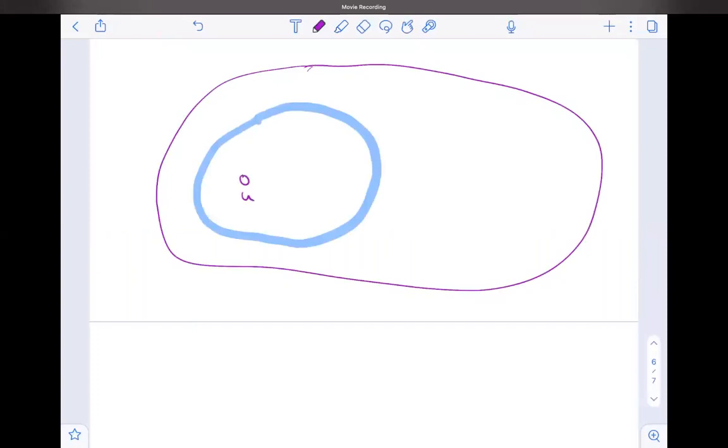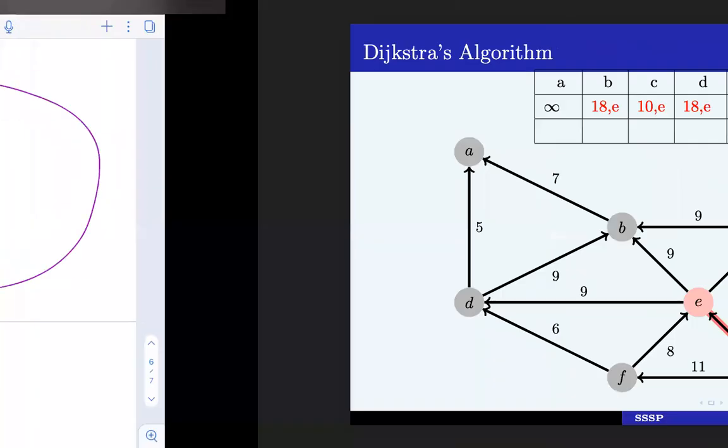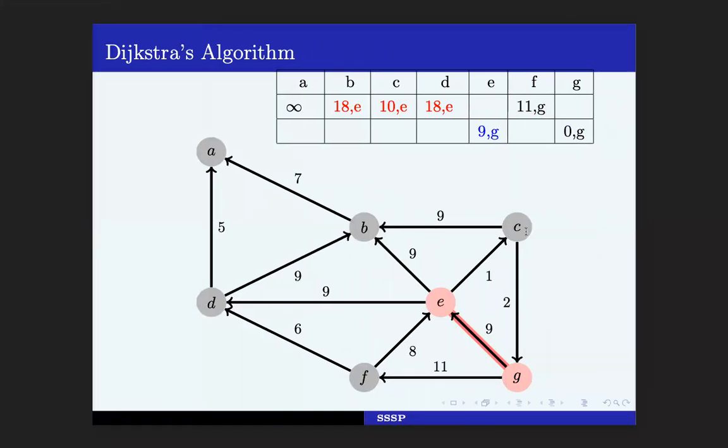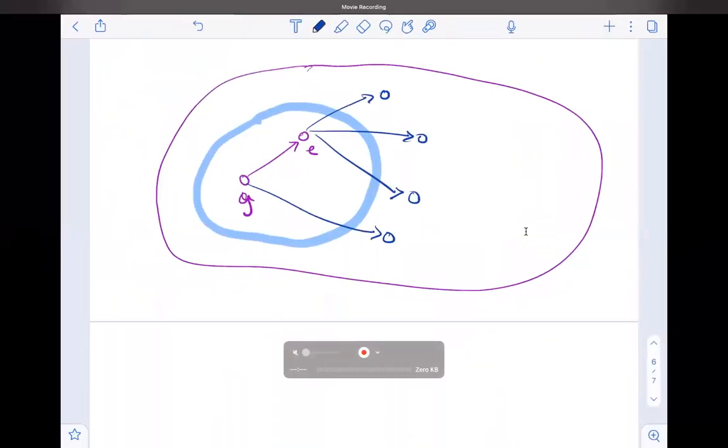See, this is U, right? G, whatever we are doing. Let me just try to draw this graph. There are some other vertices here, maybe. So E, and maybe there's an edge from here to here also.